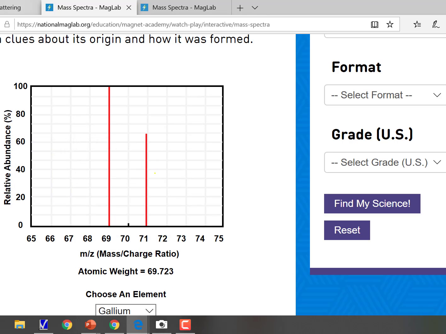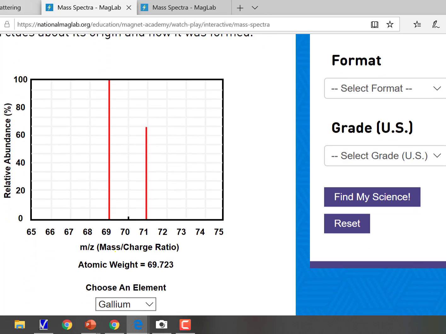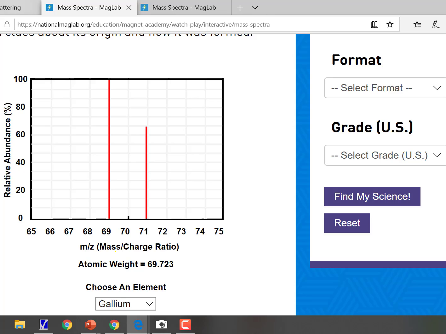It looks like this. This is the 69. So this is gallium, and with gallium you got two lines. Those two lines, you could tell how much weight separated them, and the separation was about the weight of a proton.